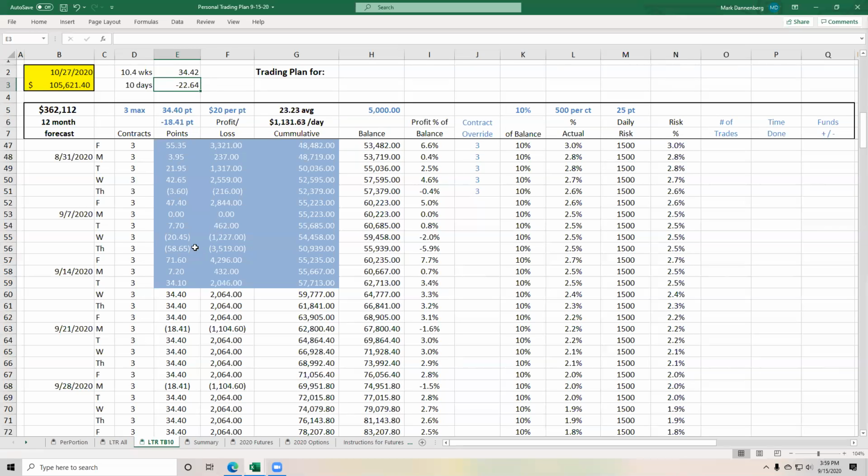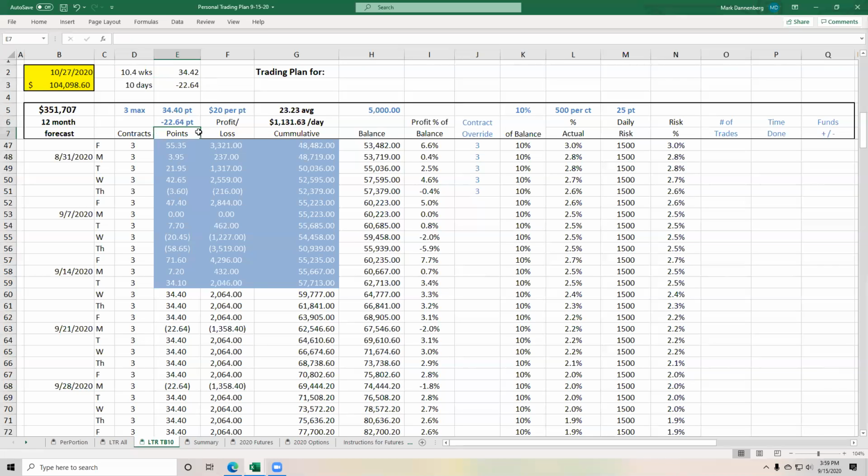We had a couple of losses last week. We actually hit our biggest losing day that we've had in 10 weeks last week. So that increased our average points per losing day. So I'm going to adjust that so that we have a proper reflection of our losing days, 0.64.